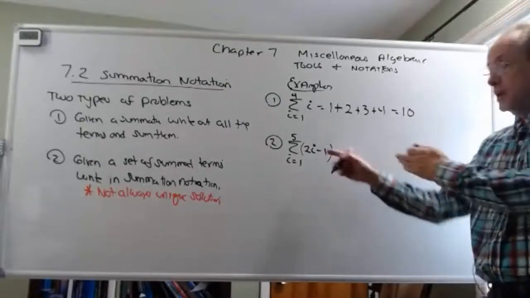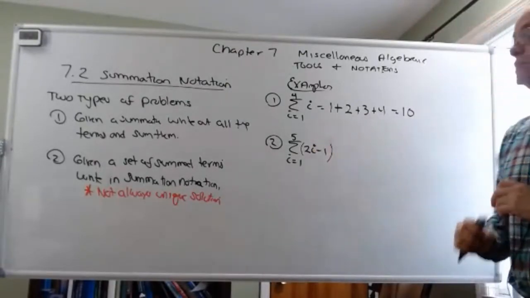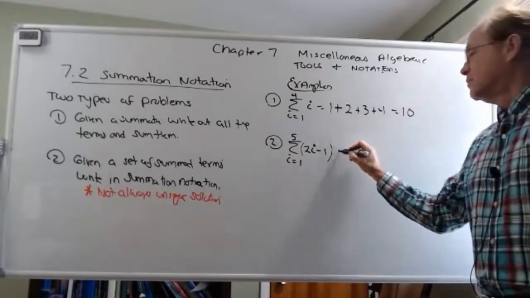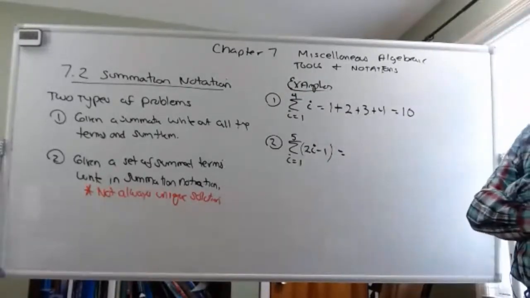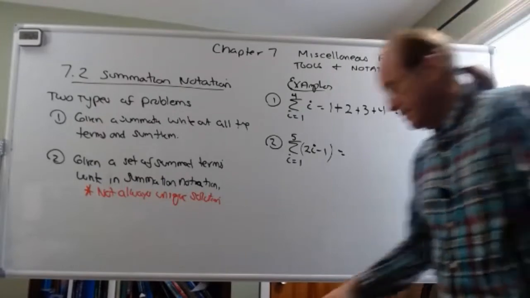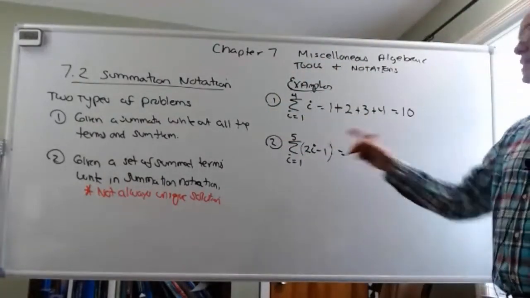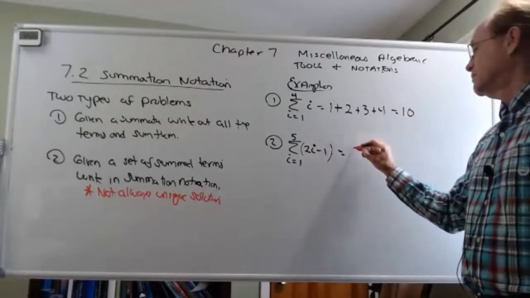It could be. Sometimes you do calculations and you have to know what's under the summation symbol. Try that. Tell me what you get. So write it out, and then we'll add everything together. This is also good because it shows you something of how to write certain types of numbers.